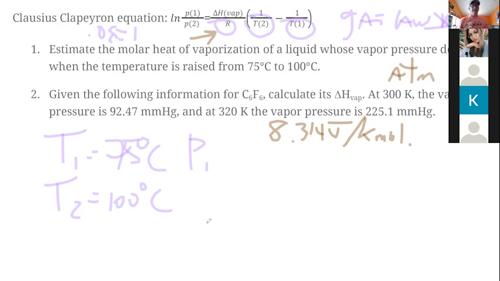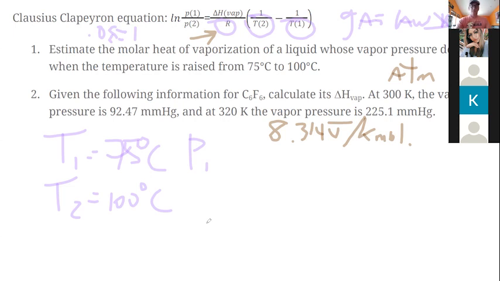So ln of 1/2. What's the natural log of 1/2? Someone must have a scientific calculator. I don't have a scientific calculator. I actually had to Google it. If you go to Google, it pops up with a scientific calculator.